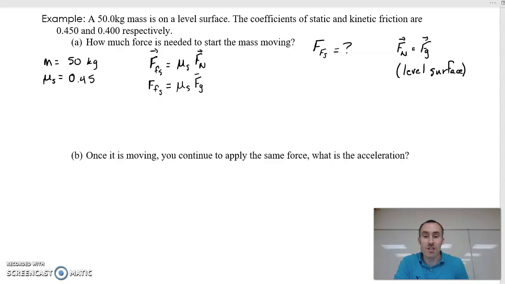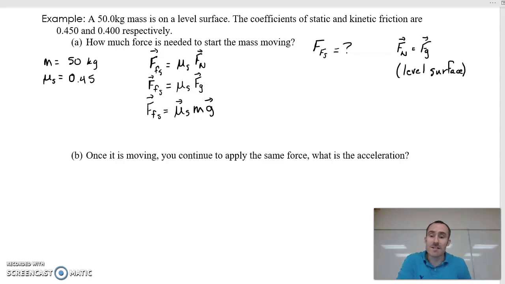So this is Fg because of that level surface thing, and then we can expand Fg into its formula. So the force of static friction is equal to the coefficient times mass times g, which is 9.8 meters per second squared. So now we know the coefficient of static friction is 0.45, the mass is 50 kilograms, and g is 9.8 meters per second squared.